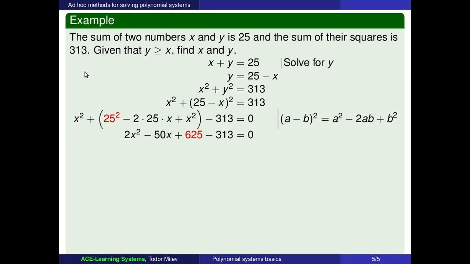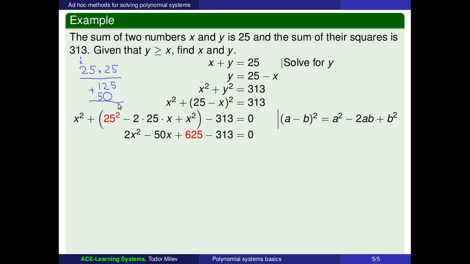Let us verify that really quickly. 25 times 25 equals, now 5 times 5 is 25, carry over 2, 5 times 2 is 10, plus 2, 12. 2 times 5 is 10, 0, carry over 1, 2 times 2 is 4, plus 1 is 5.